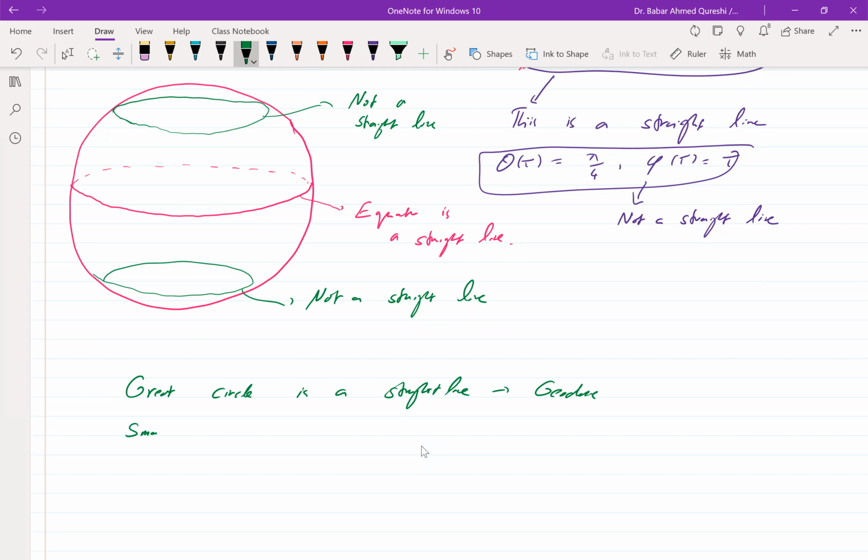But small circles are not geodesics. Now this equator was one of the great circles, but if I draw any other great circle, now I'm going to use the symmetry.